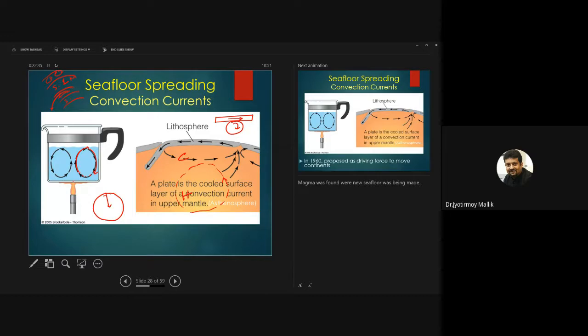But that is not something that affects plate tectonics. No, sir, not about plate tectonics. I think that may be the reason for the geodynamo also, because there is a movement of the charged particles in the outer core.